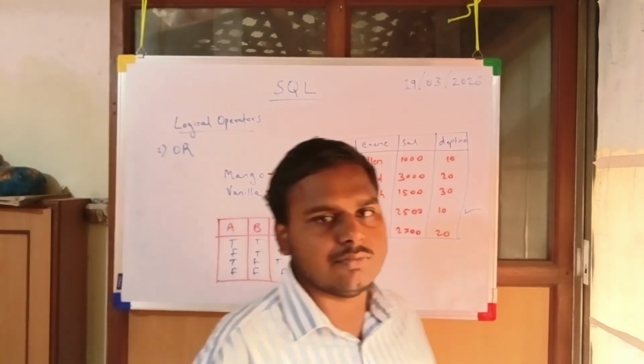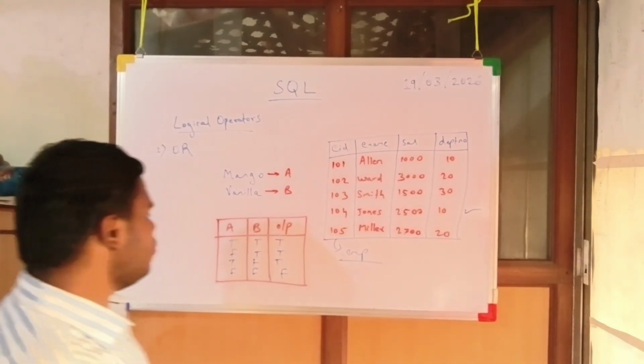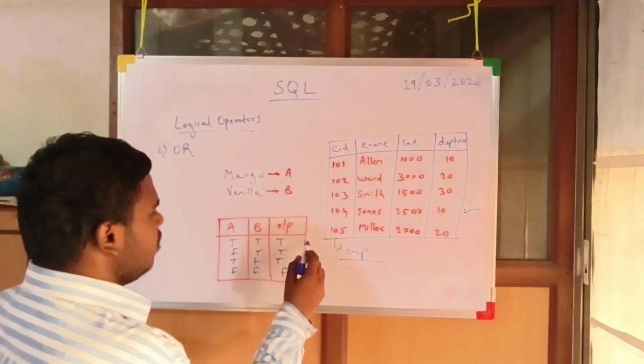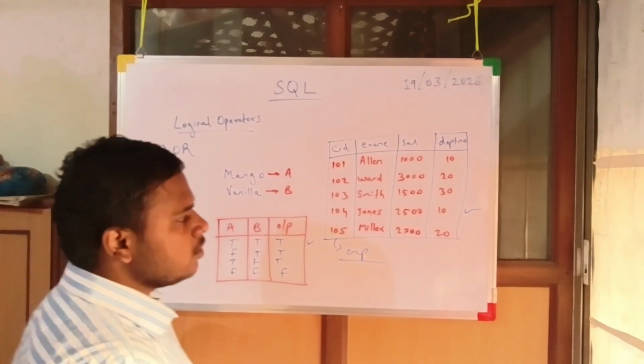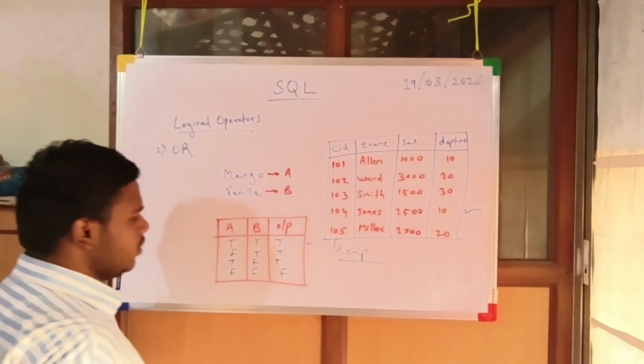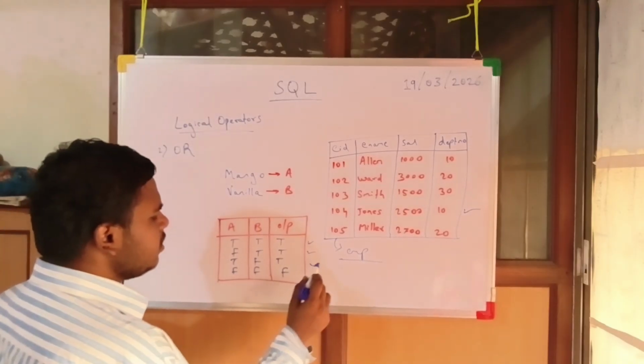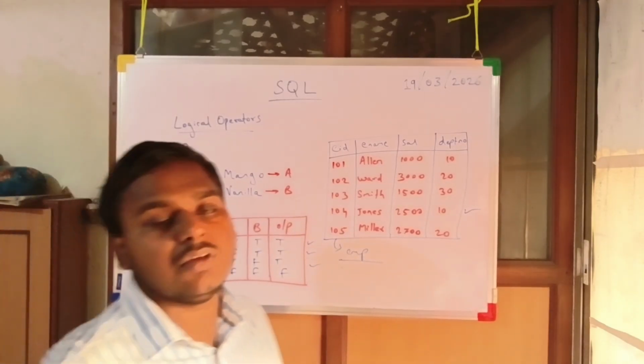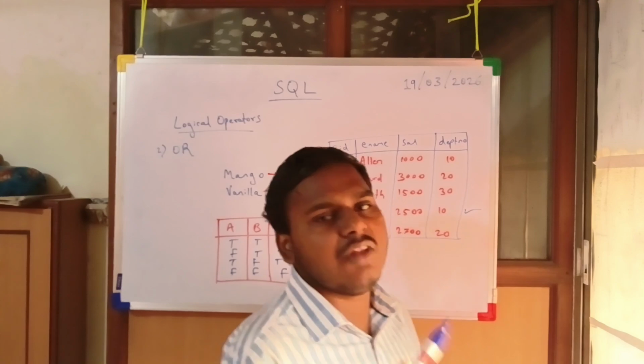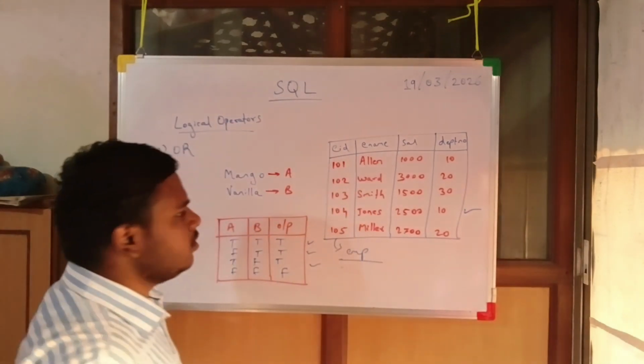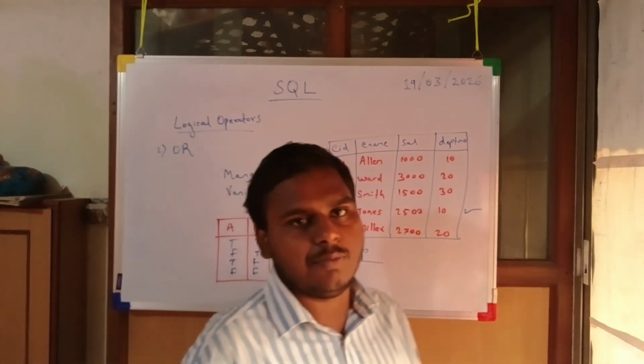So in this truth table you have seen, whenever both conditions are satisfied, I am getting the output. Even if a single condition is satisfied, I am getting the output. But if not a single condition is satisfied, meaning not even one flavor of ice cream is there, then it is not satisfying. This is the behavior of the OR operator.